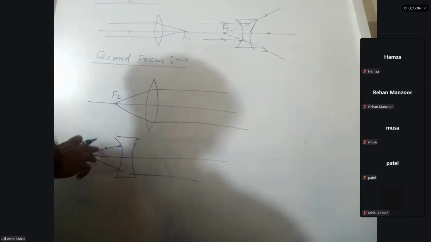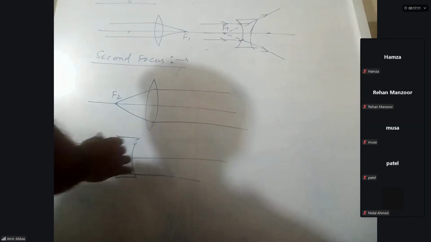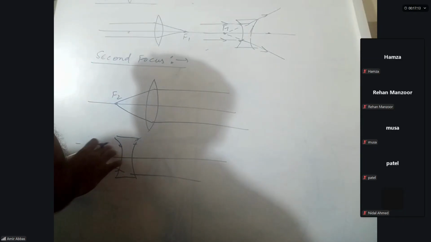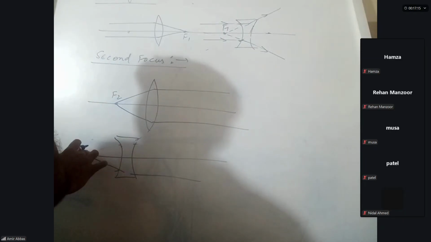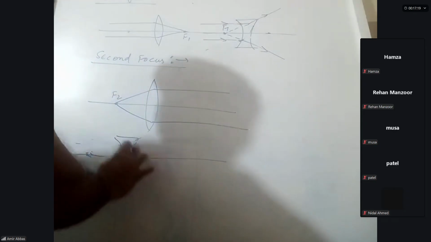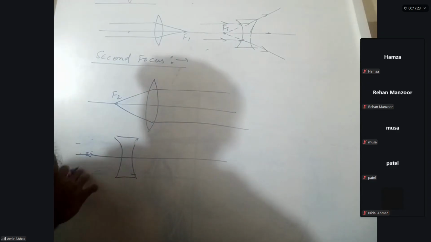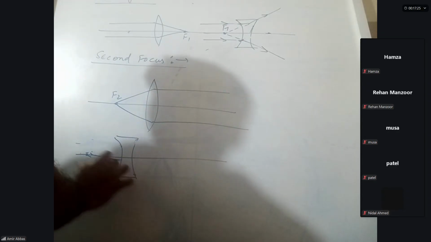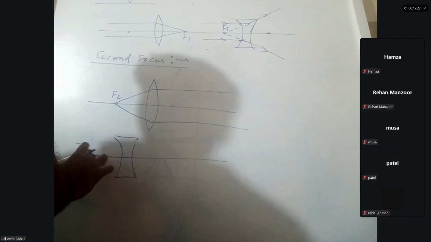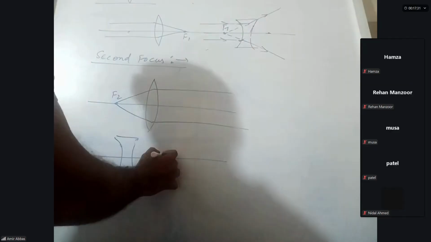This is the point where, if the object is at this point, the rays become parallel to the principal axis. If the object is at this point, it would be on this side.